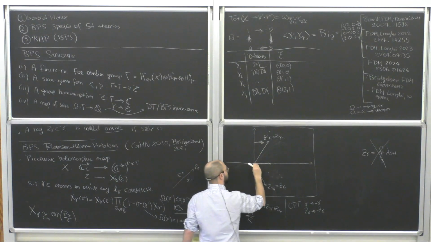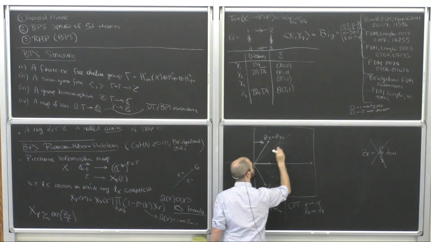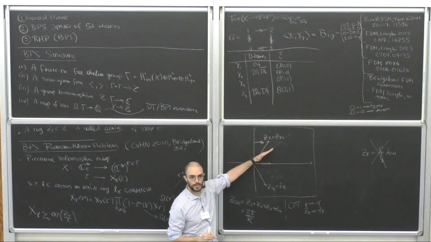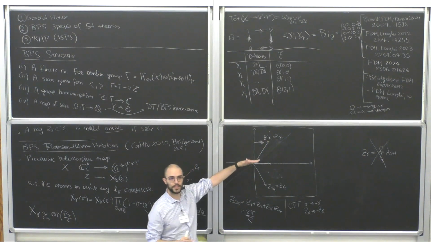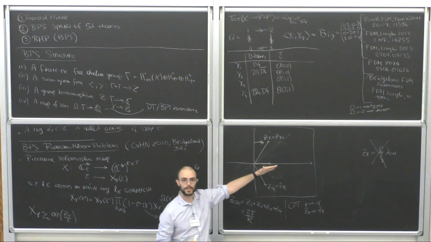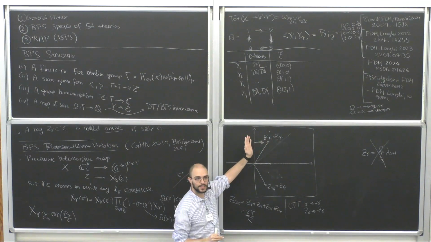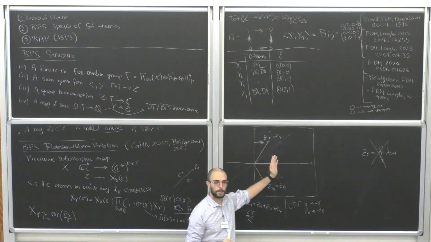At some point, the axis that determines my half plane can cross my basis. So this is no longer a good basis, because it's outside of the half plane that I can choose.